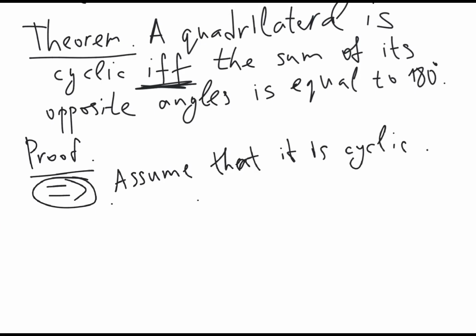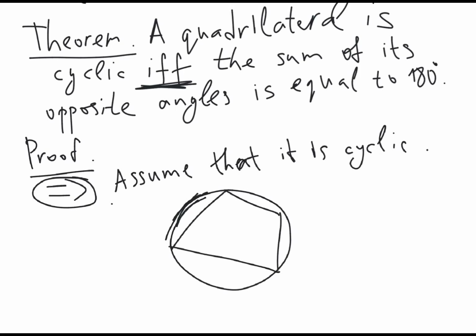so then we have a circle and all the vertices lie on this circle. Something like this. So then we notice the sum of the opposite angles.